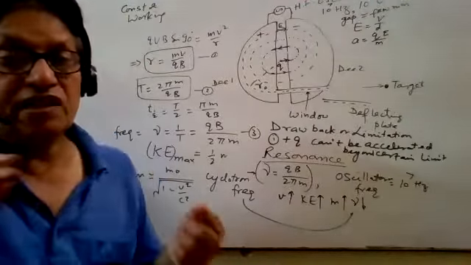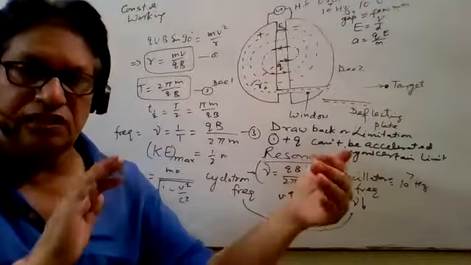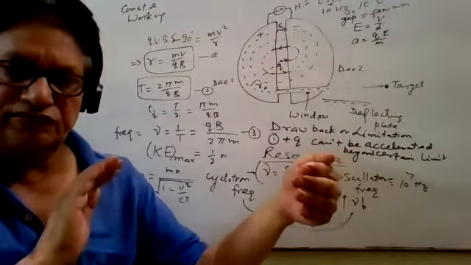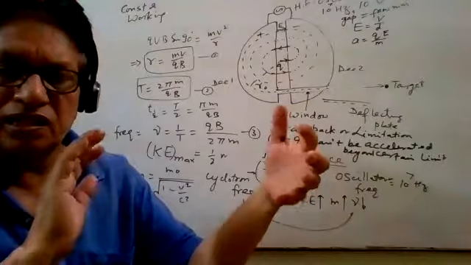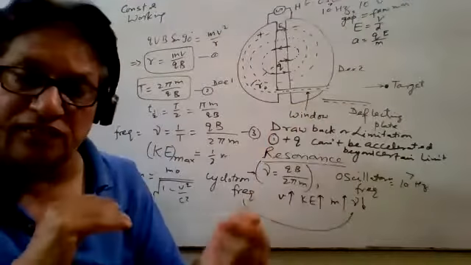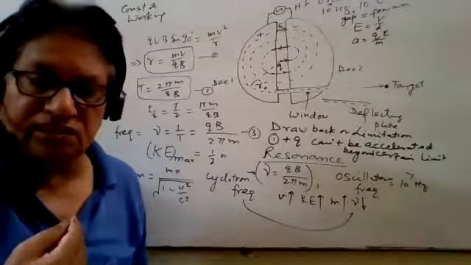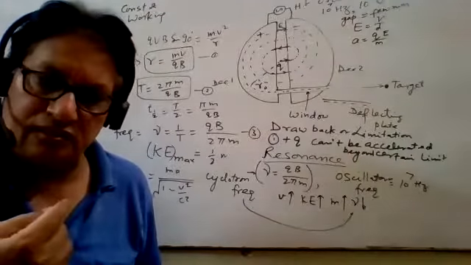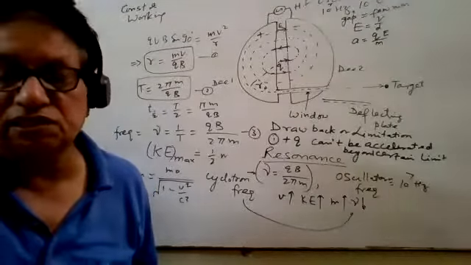Suppose the current is passing through the coil, and the coil is fixed in between the magnetic field. In the magnetic field it rotates. Why does it rotate? Because we know force acts on a conductor when current is there in a magnetic field.